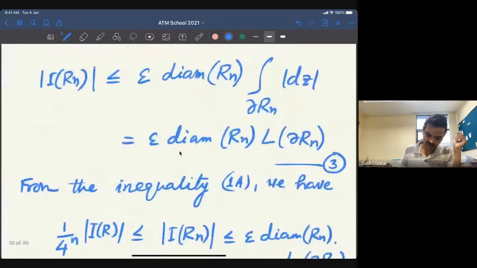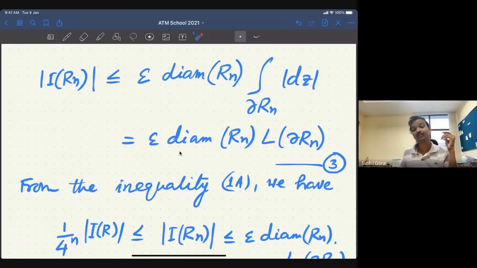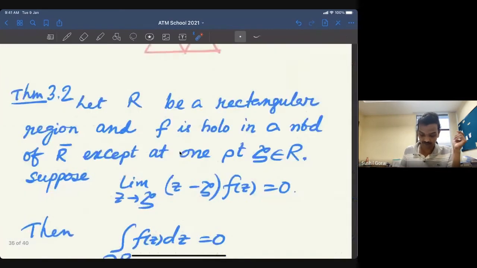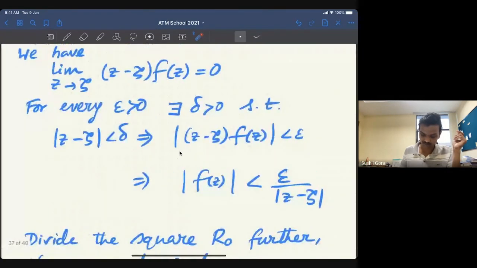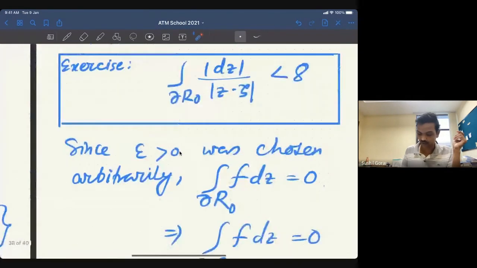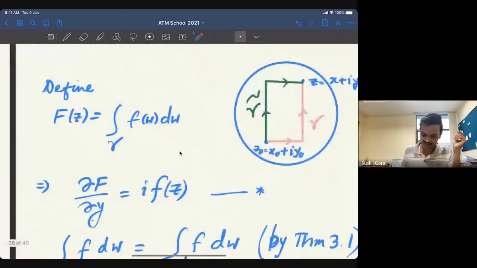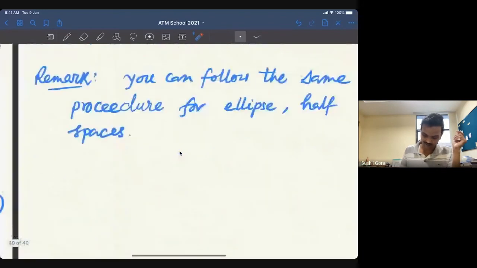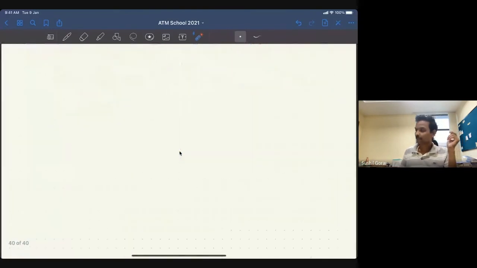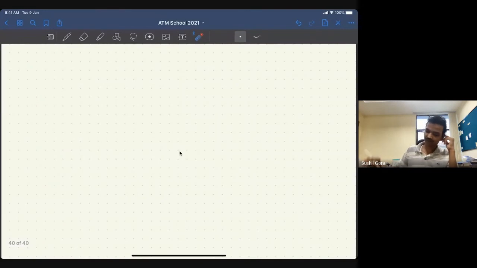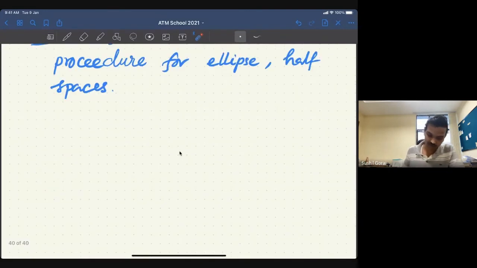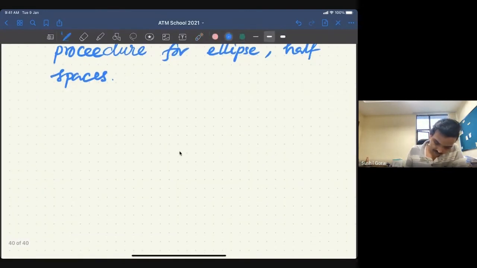The argument here, you can modify a little bit to get star domains. Anyway, I'm not going to go into these things. All right. So next, let's come to the next topic, the winding number.